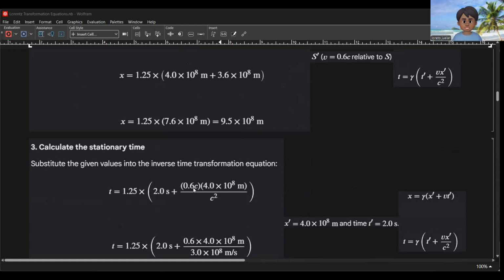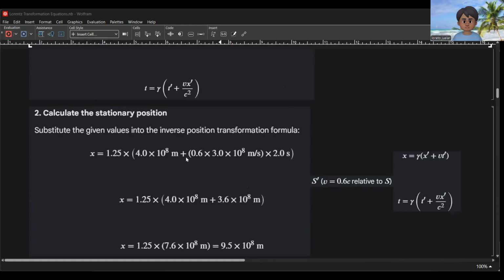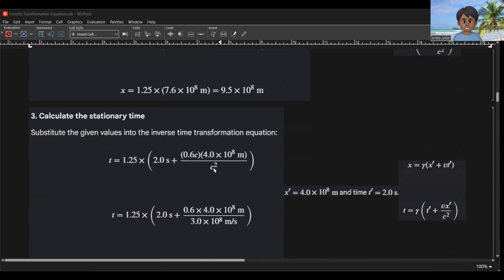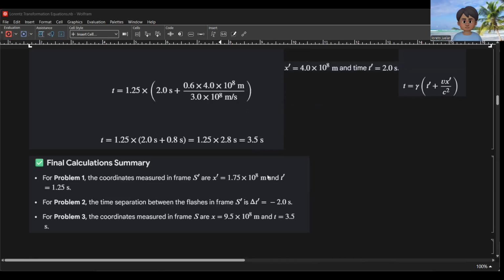So we have t equal to 1.25 times 2.8 seconds, which is equal to 3.5 seconds.